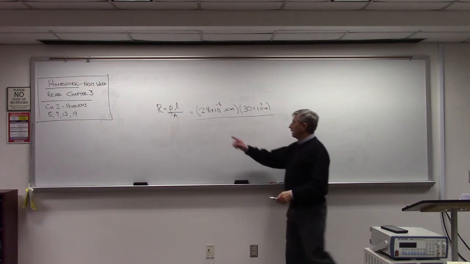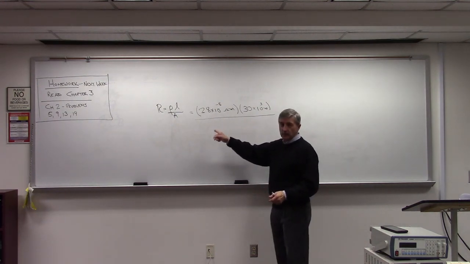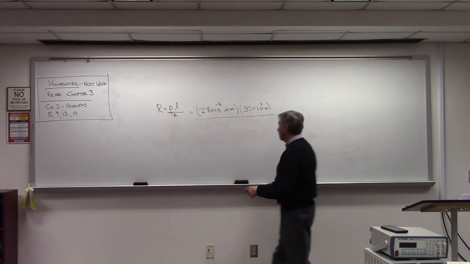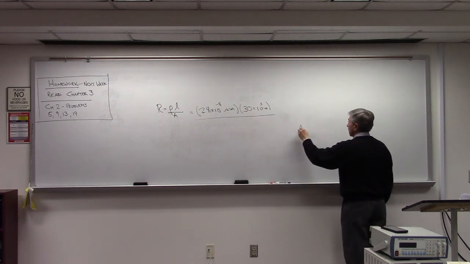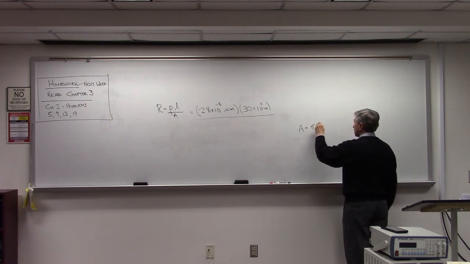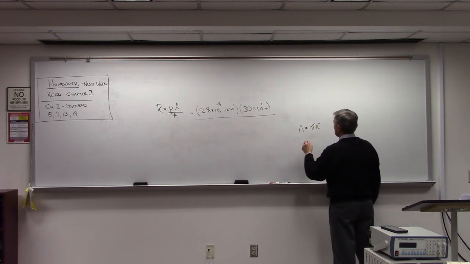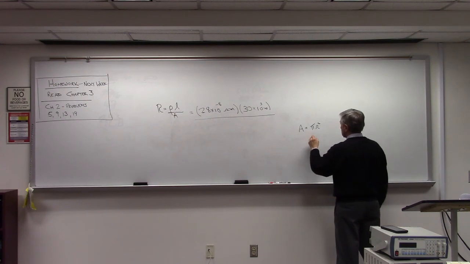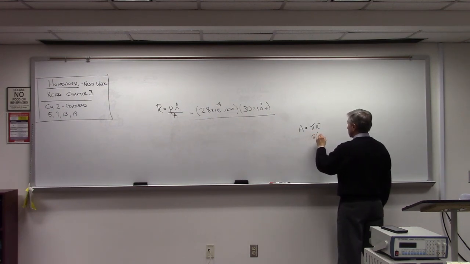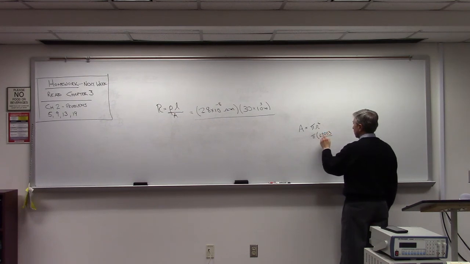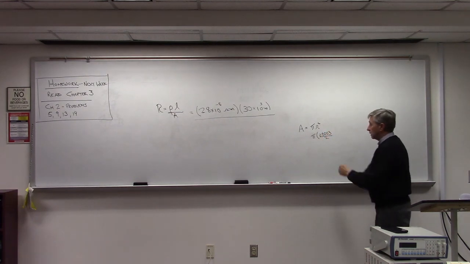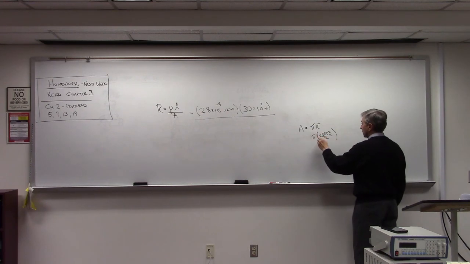So I gave you 0.0003 meters as the diameter. Well, in order to get the area of a circle, that would be pi times 0.0003, the diameter, divided by 2. That gives us the radius. Now we have to square that.